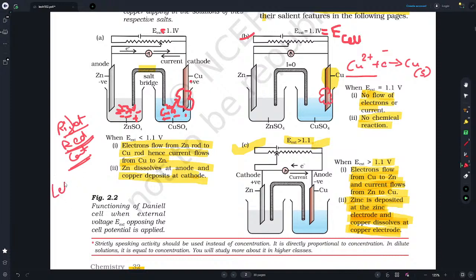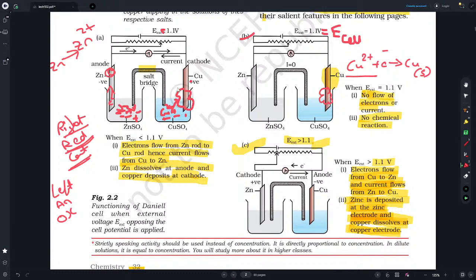And left side, anode, oxidation. Here we see that zinc on the electrode is getting dissolved in the solution by becoming zinc 2 plus and giving electrons to the electrode.